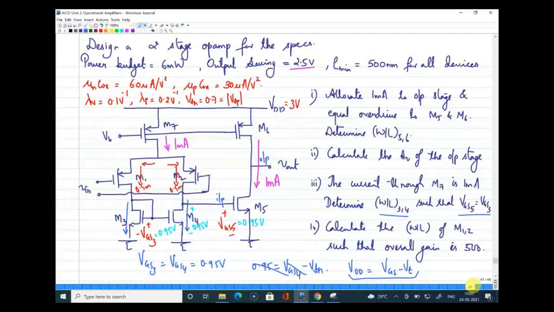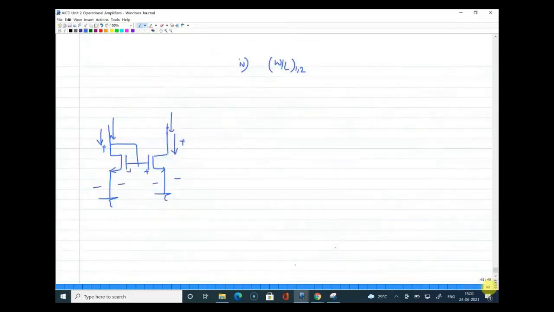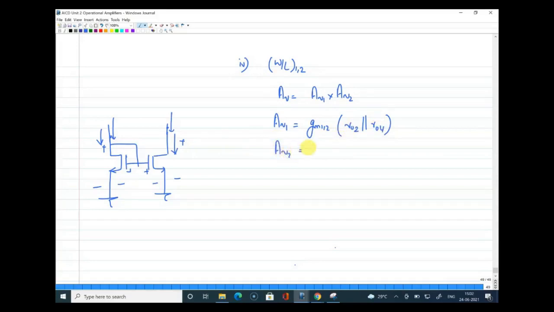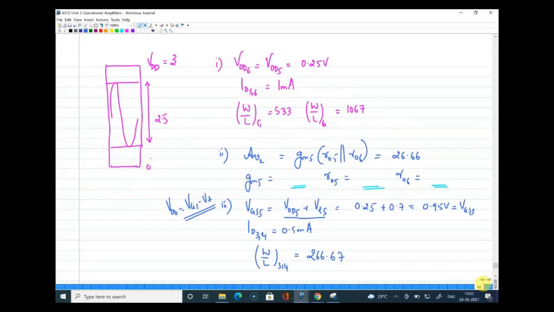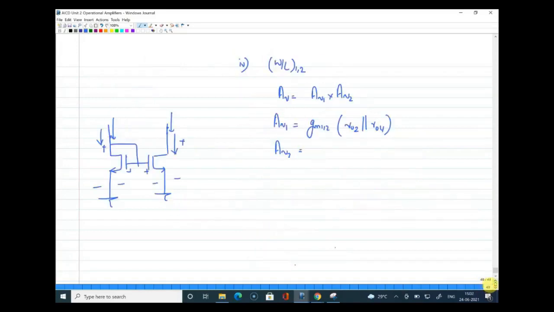So let us write what is the overall gain of this circuit. The first part is a PMOS differential amplifier. So when I write AV, it can be written as AV1 into AV2. AV2 we have already written and calculated. AV1 is GM of 1, 2 into R0 of 2 parallel to R0 of 4. Now, AV2 we calculated, and AV2 is equal to 26.66.